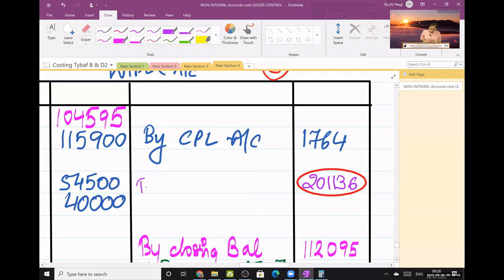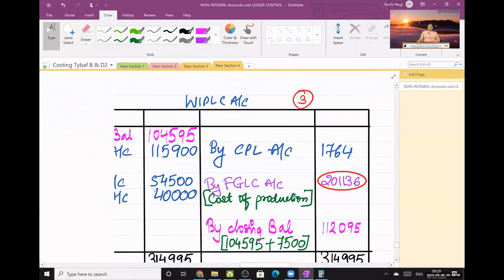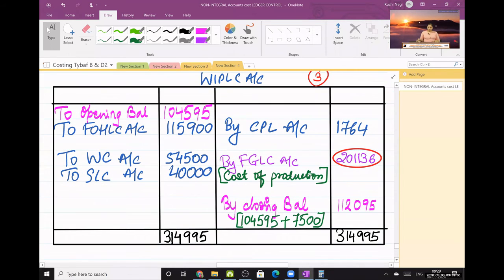Okay, this is nothing but my cost of production, which will go to the finished goods ledger control account. So this is the hidden entry of cost of production. Understood now?